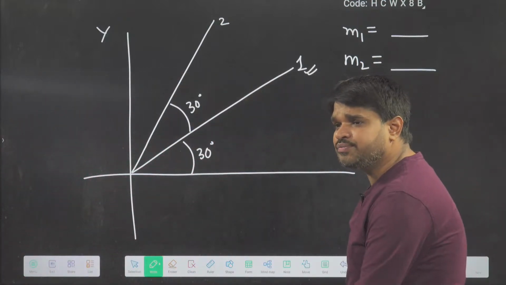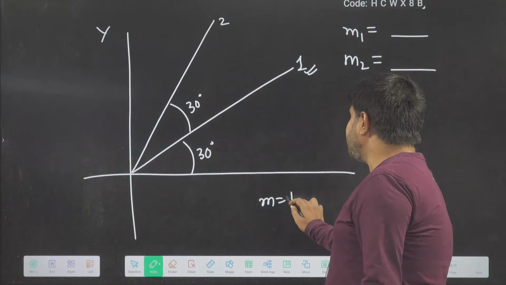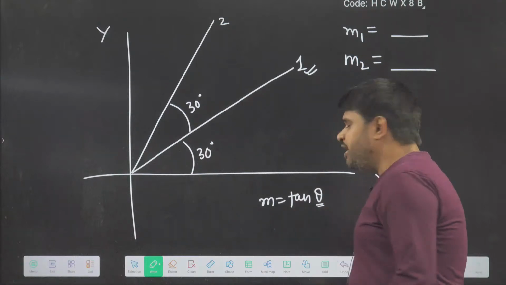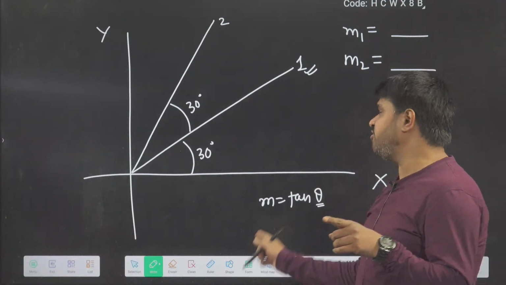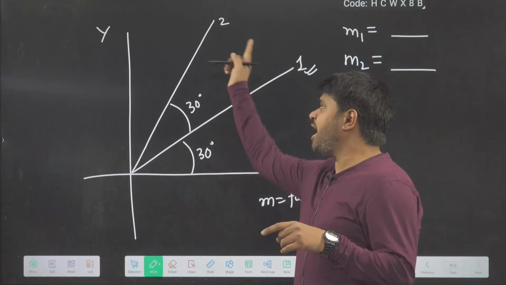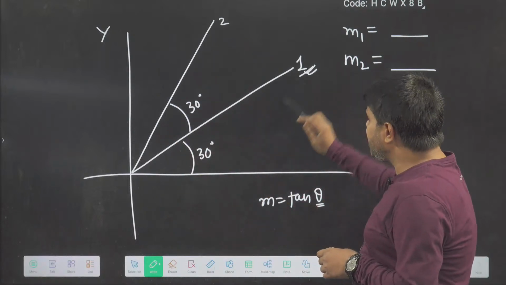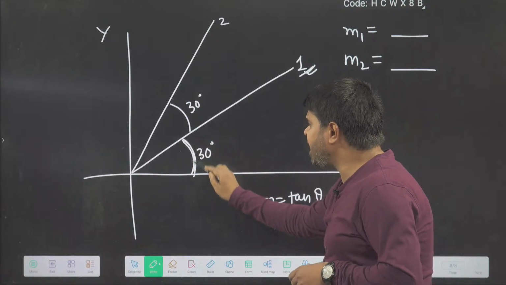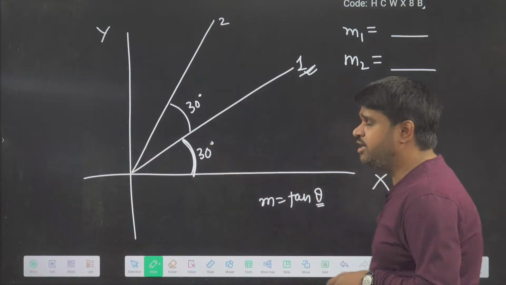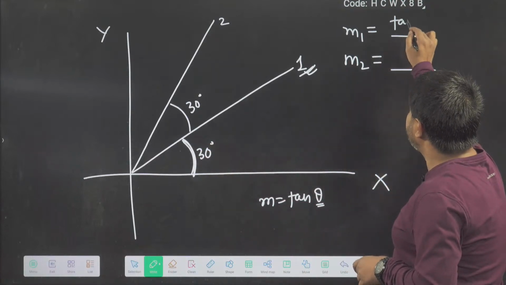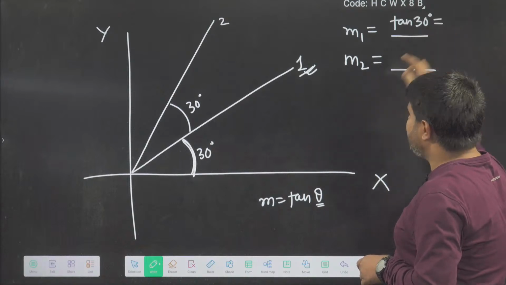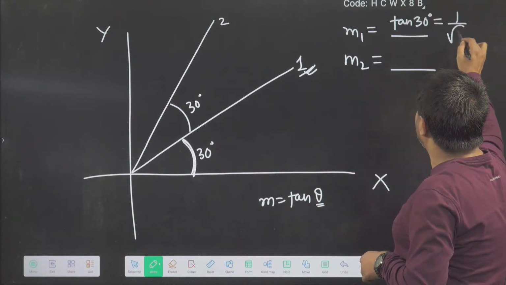Now let's see. M is tan theta, where theta should be the angle between the line and the right direction of the x-axis. The first line makes 30 degrees, so its slope is tan 30, which is 1 by root 3.